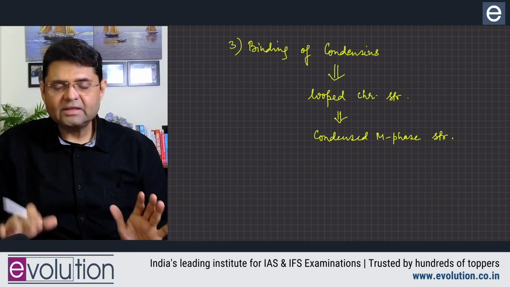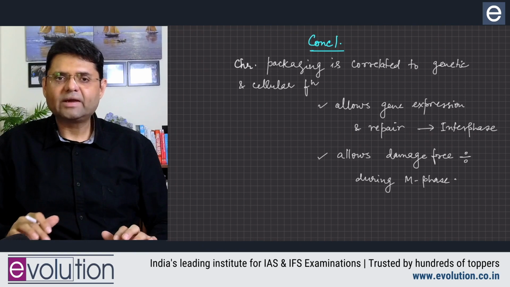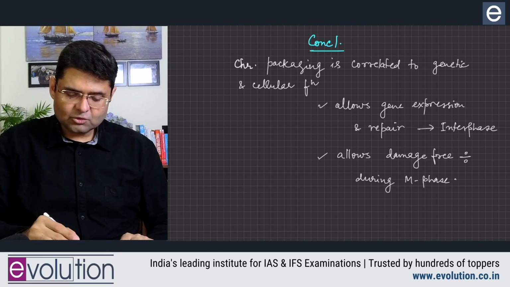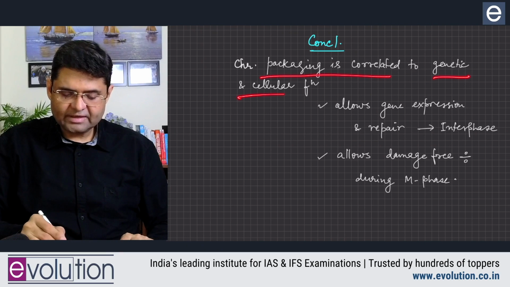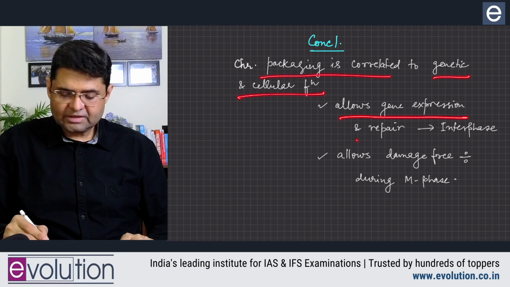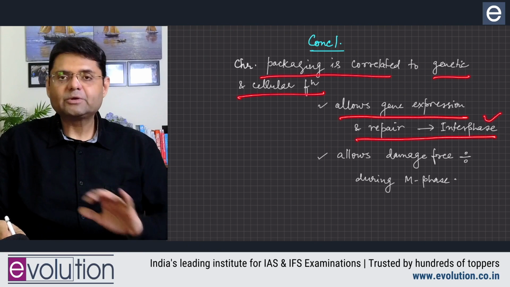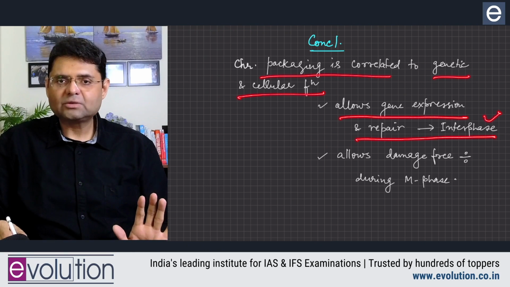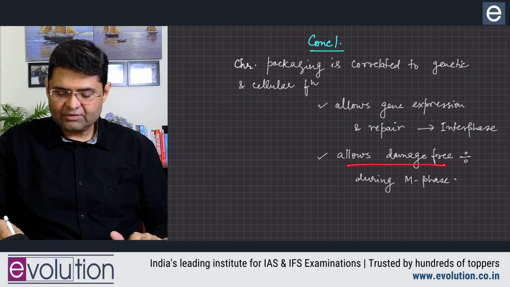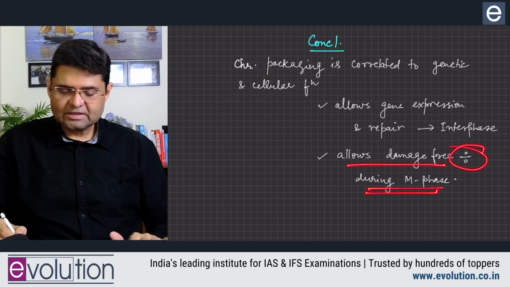Now it is really the end of the answer, and you can write the conclusion that chromosome packaging is correlated to genetic and cellular function. How? It allows gene expression and repair during the interphase because at that time it is loosely packaged, and it allows damage free division during the M phase when it condenses.